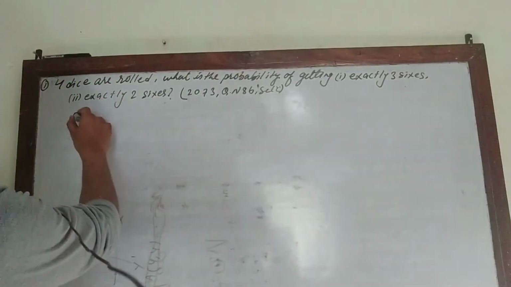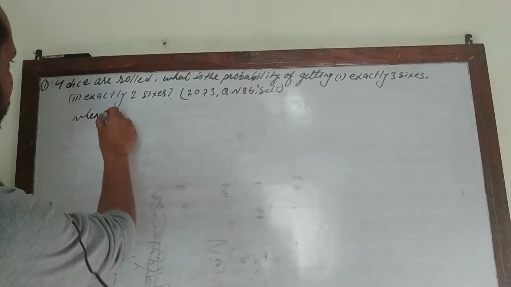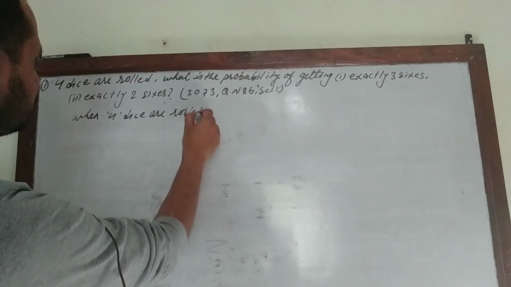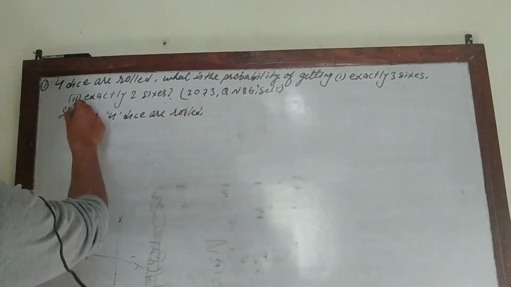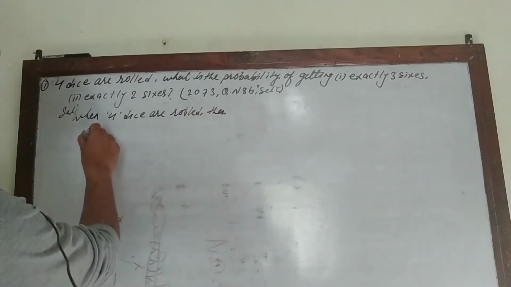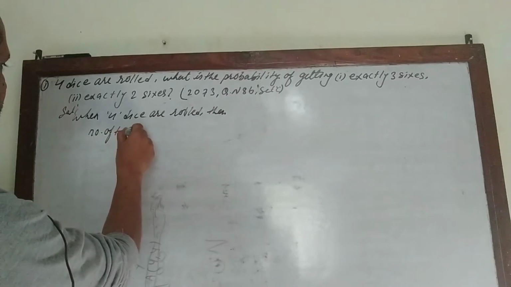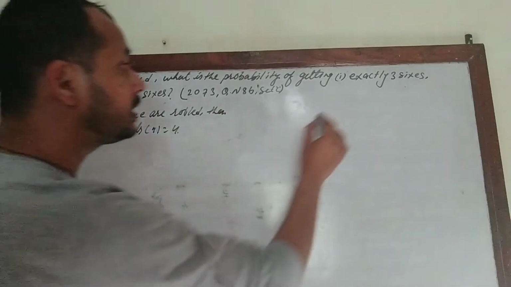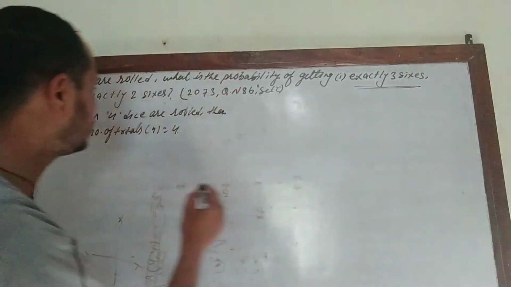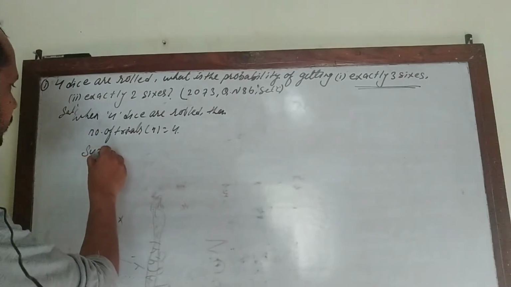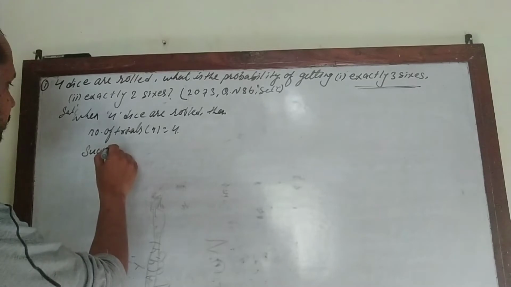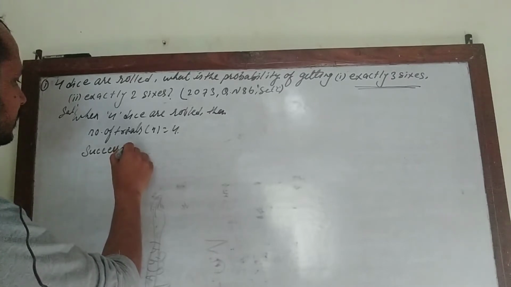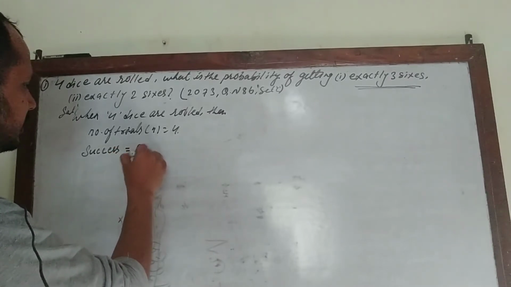So here, when 4 dice are rolled, then for this we can say the number of trials n is equal to 4 and we need 6 three times. So our successful outcome is getting 6.